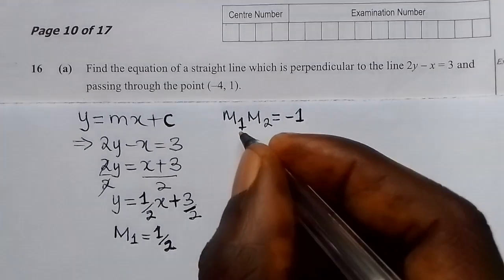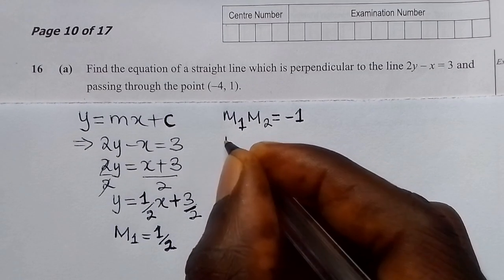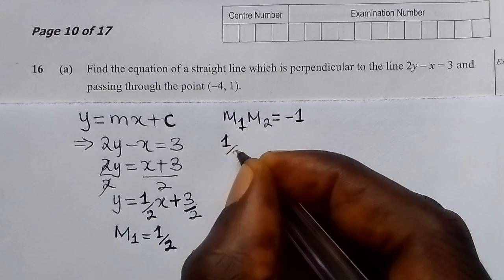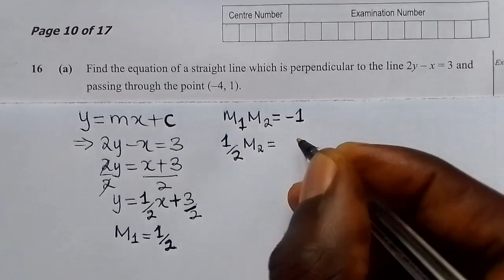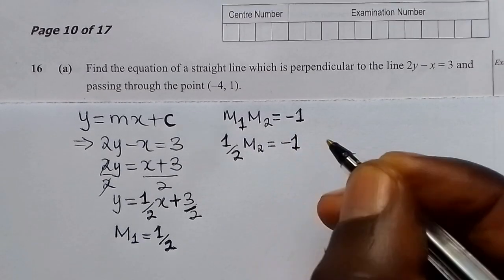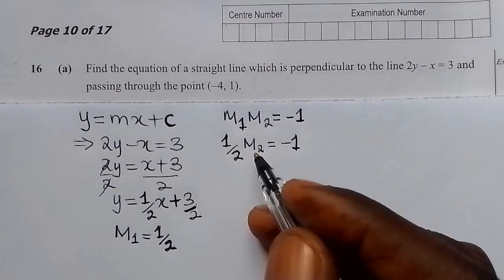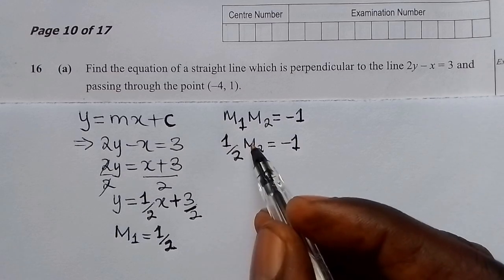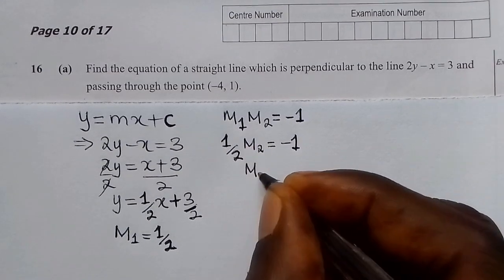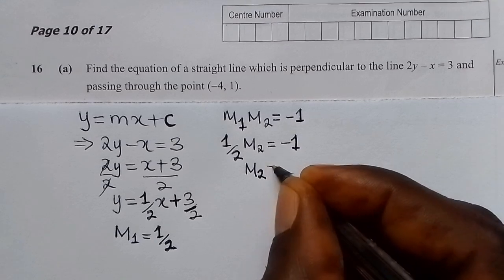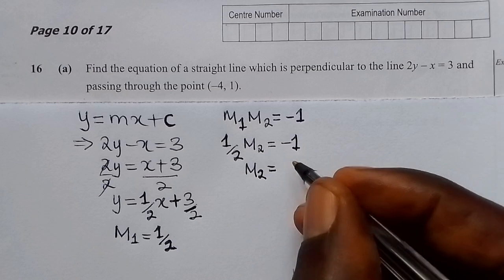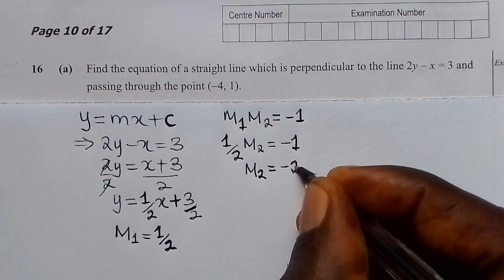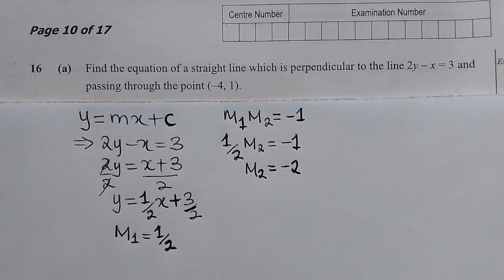We substitute m1, putting 1 over 2. So 1 over 2 m2 is equal to -1. Working out m2, 2 is multiplying with the -1, which gives -2. So m2 is equal to -2.